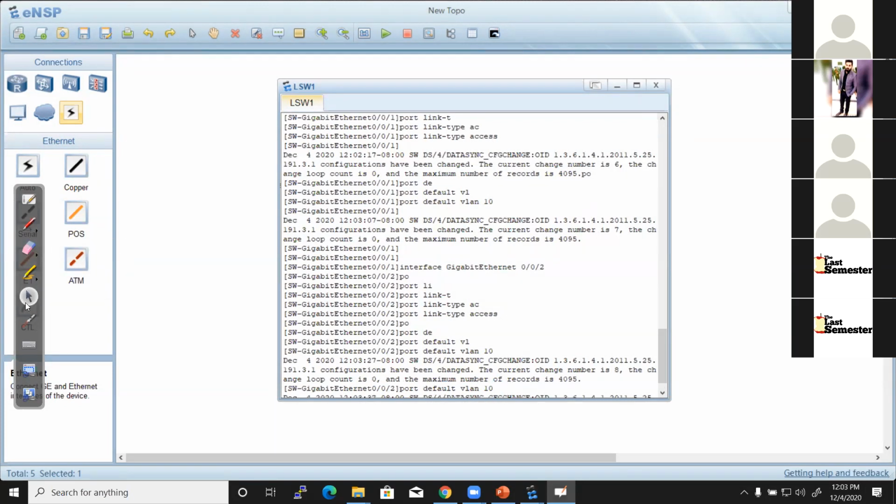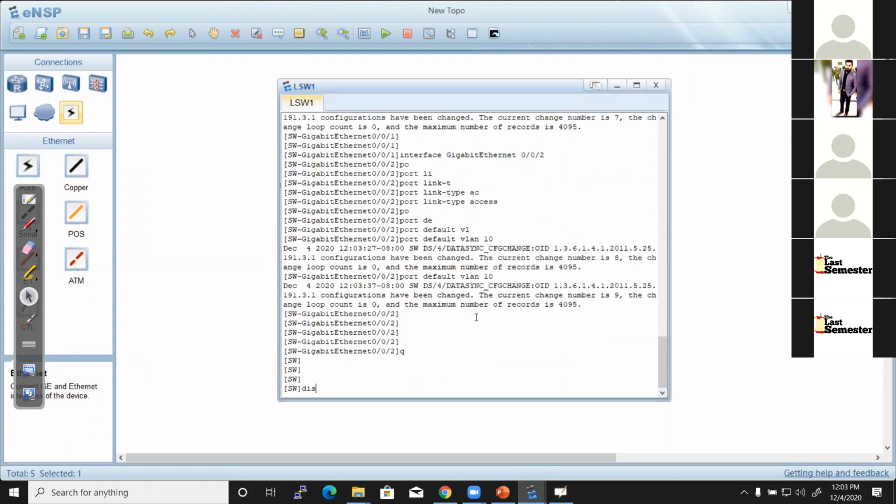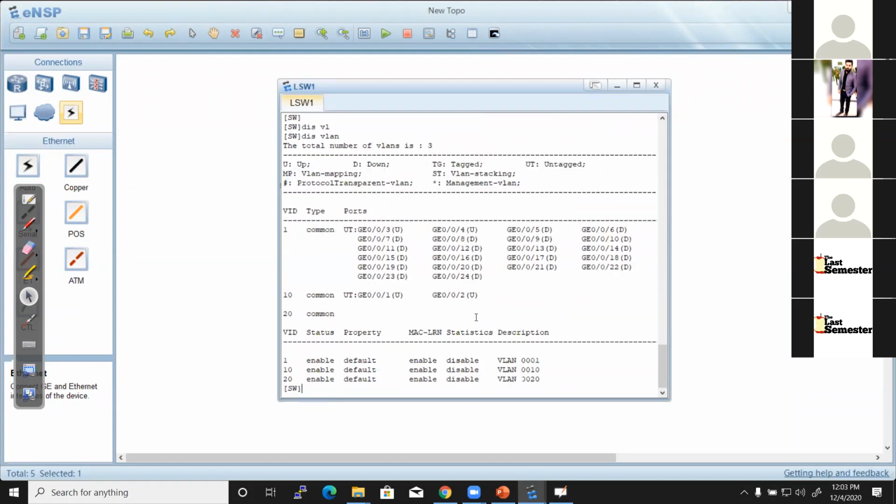After this, let me verify with display vlan. Now you can see ports 1 and 2 have left VLAN 1, and both are now members of VLAN 10.